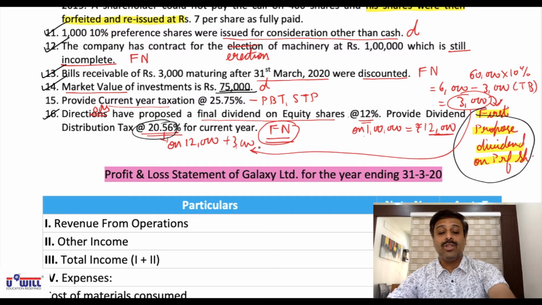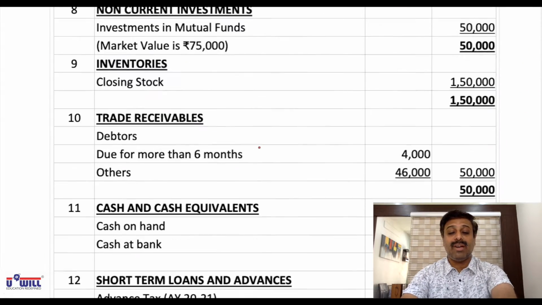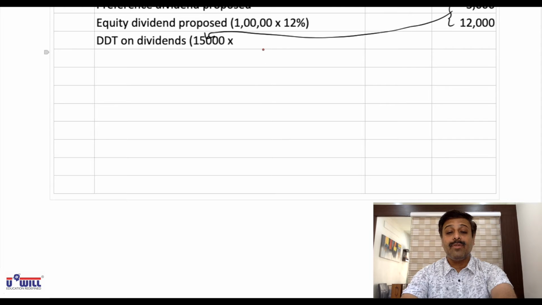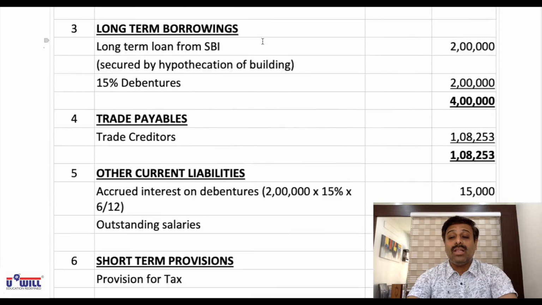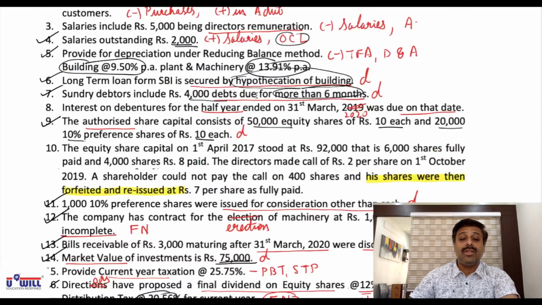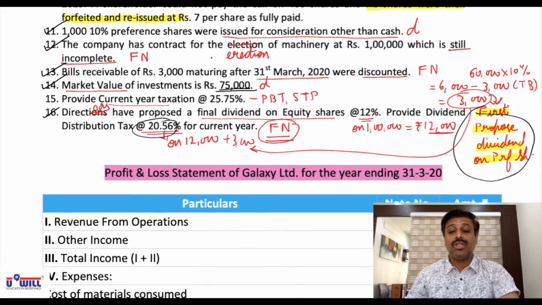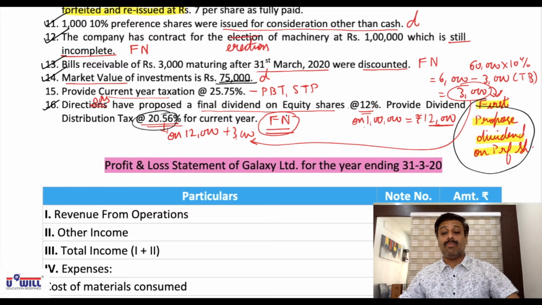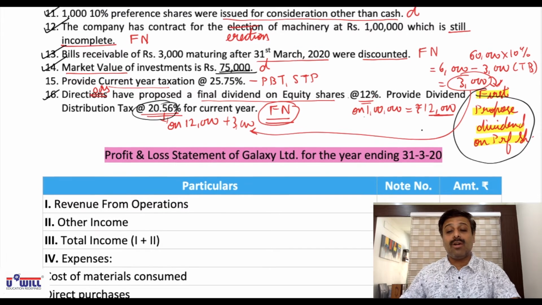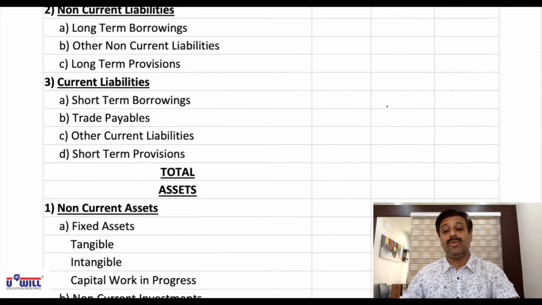So 15,000 into 20.56% is 3,084. Okay, so all the footnotes have been taken into consideration, but there is an important point in this question. If equity dividend is proposed, then first we have to propose it on preference shares, then only we can propose on equity shares. And dividend distribution tax will be counted on preference shares as well as equity shares.